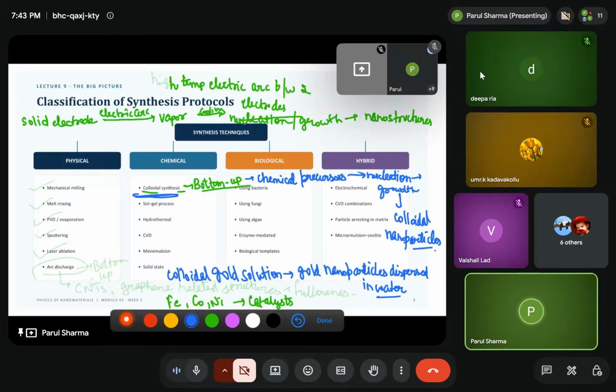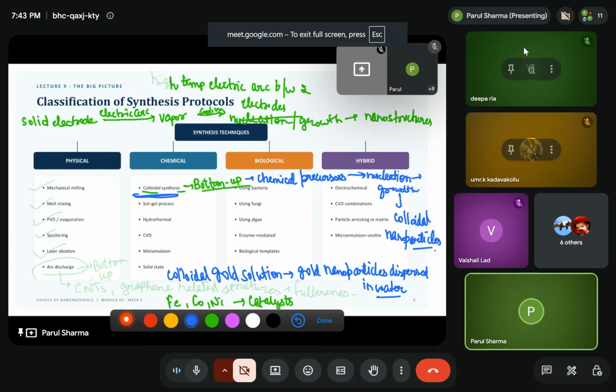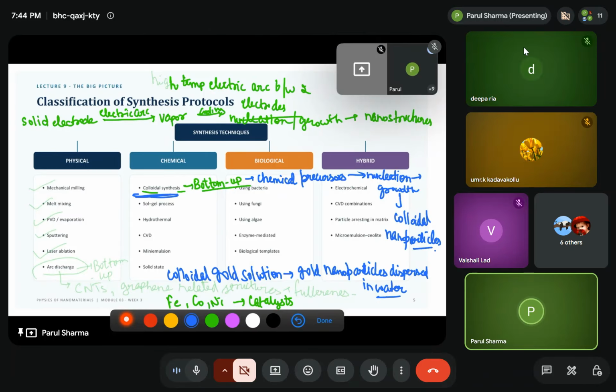Suppose we want to synthesize metal nanoparticles. We need a metal salt that contains the metal ions. Then we need a reducing agent that will convert the metal ions to neutral atoms.